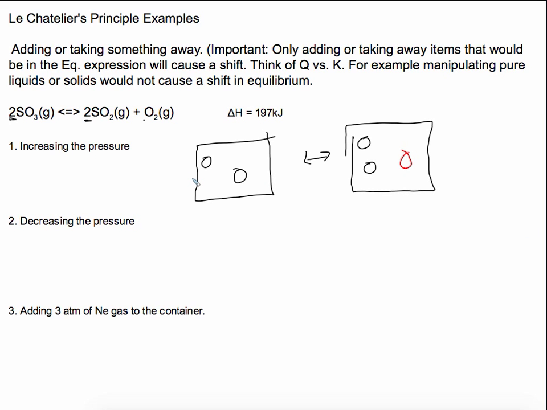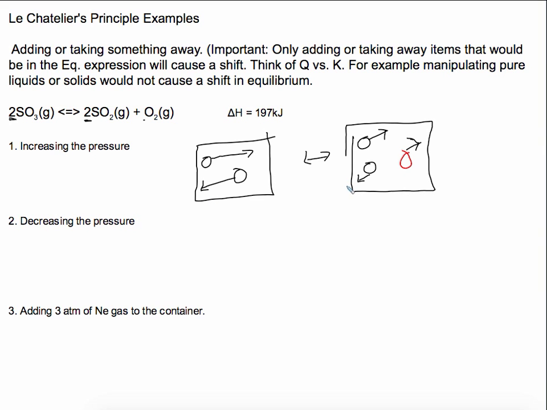All right. Now, if you increase the pressure, this reaction is going to want to decrease it to keep it at equilibrium. Here's the thing: if the temperature is not changing, this side of the container has 2 moles of gases striking the edge of the container and causing pressure, whereas this side of the reaction would have 3 moles of particles striking the edge of the container, causing pressure.